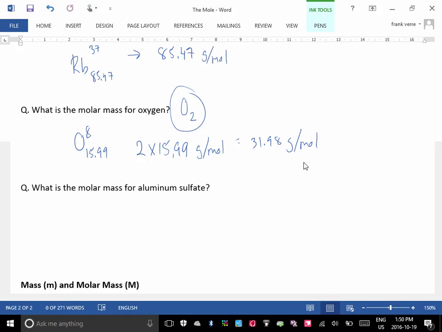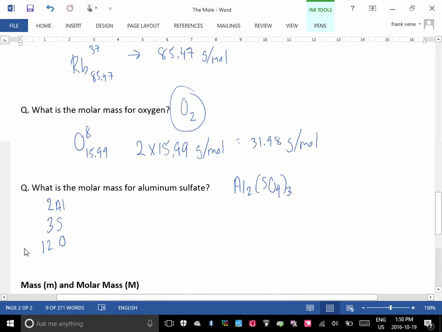Okay, what about aluminum sulfate? So we broke down the formula for aluminum sulfate, right? Remember, aluminum sulfate has 2 aluminum atoms, 3 sulfur, and 12 oxygen. If you look at the formula for Al2(SO4)3, you can see there's 2 aluminum, 3 sulfur, 12 oxygen.